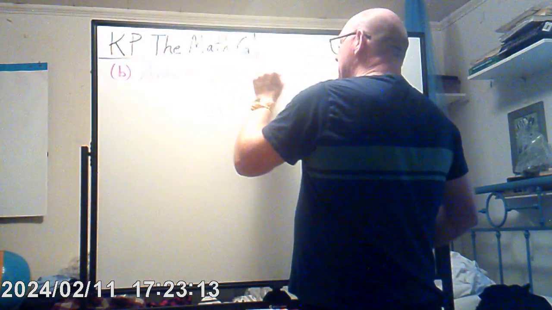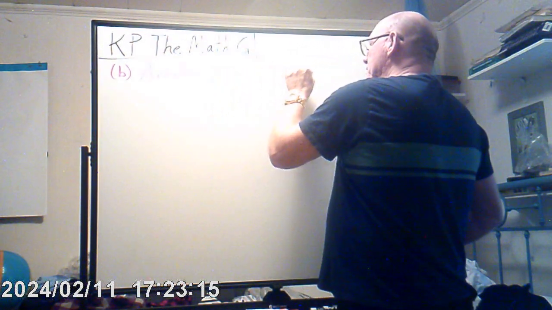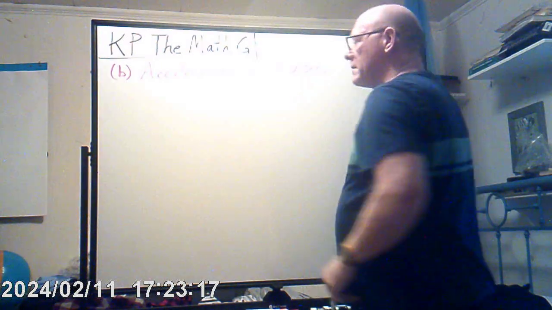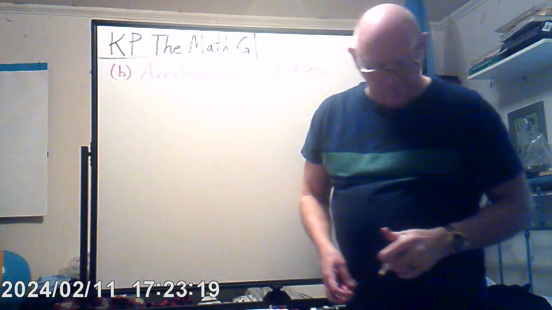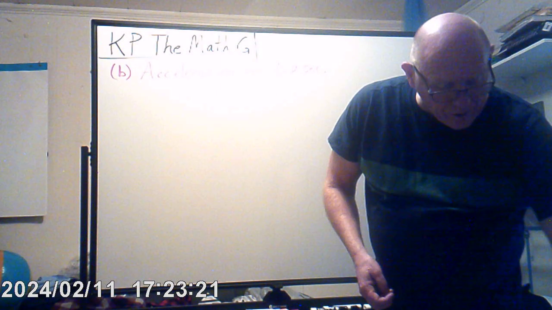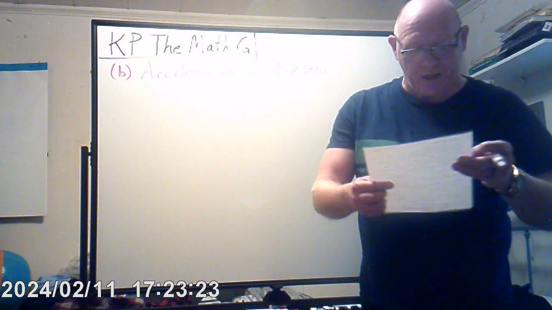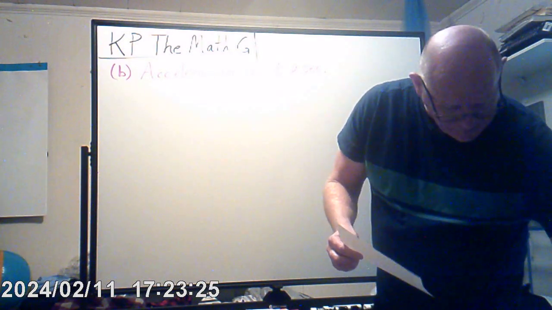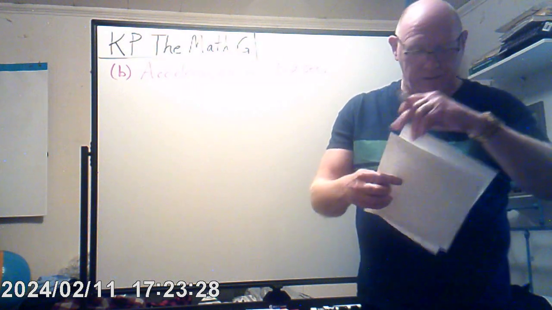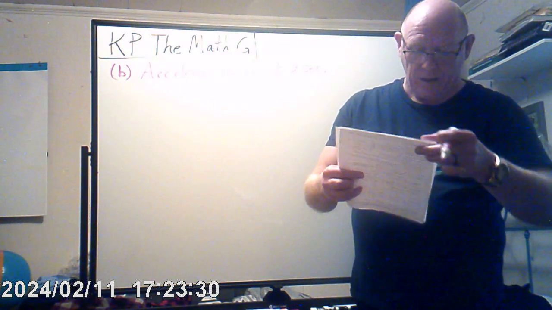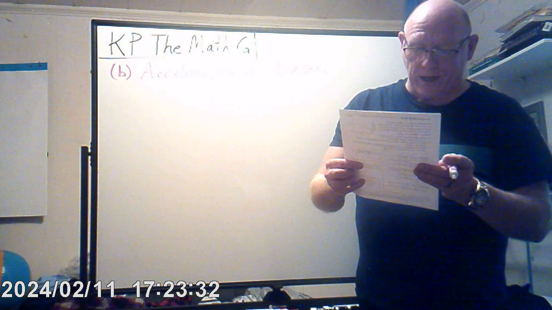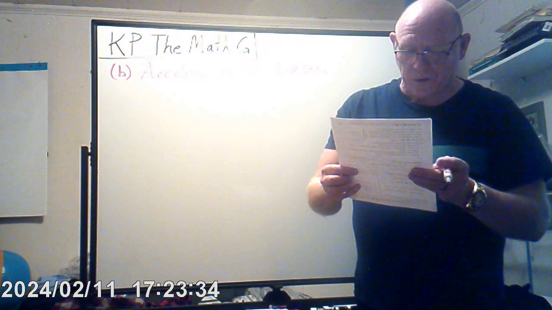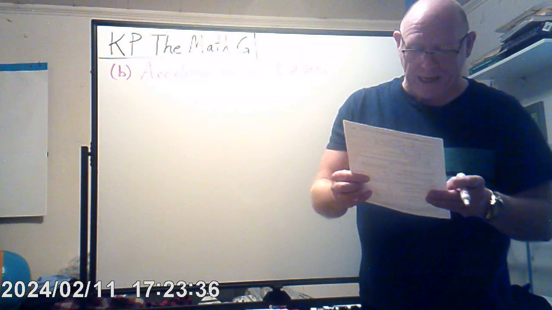At time t equals 2 seconds, what is the acceleration? Let me make sure that is the question. Part B says find the acceleration of runner A and runner B.